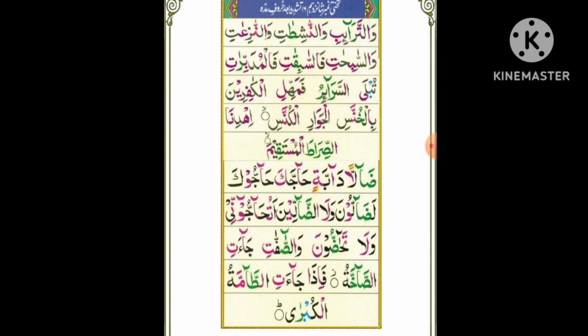Then you have fa zabar fa, mim ha zabar mah, fa mah, ha zir hi, fa mah hi, lam lam zir lil, fa mah hi lil kafirina. Bil khunnasil jawaril kunnasi.